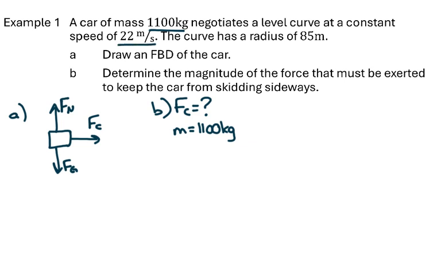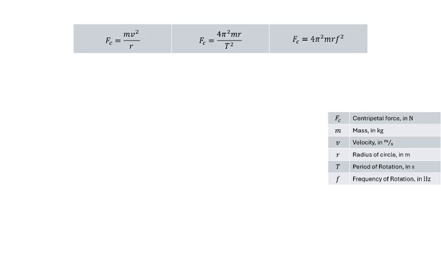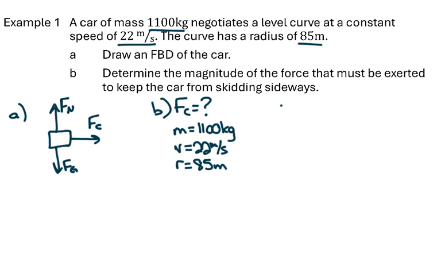We know we have a speed of 22 meters per second. And we have a radius of 85 meters. Looking at the formulas, that first one is going to be the most useful to us right now.